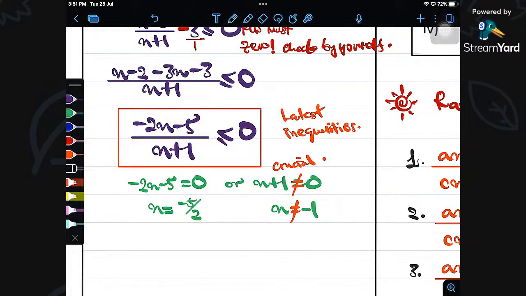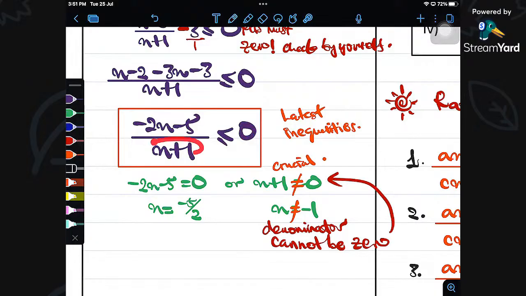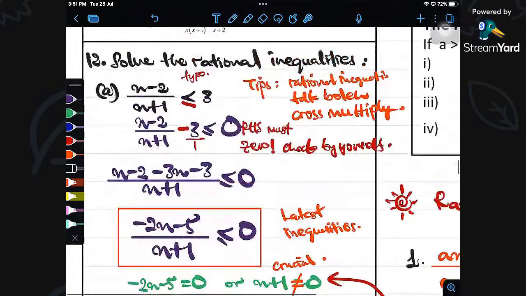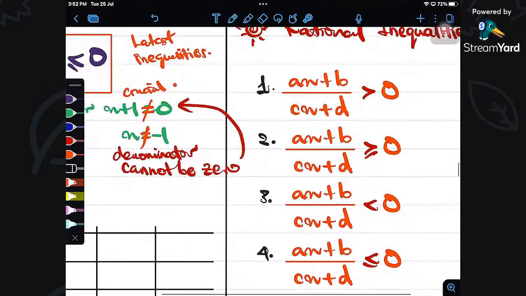Not many of you sedar bahawa untuk definisi rational, denominator cannot be 0. Kalau dia kosong, dia tak jadi dah rational inequalities. So you must please understand the definition of inequalities.